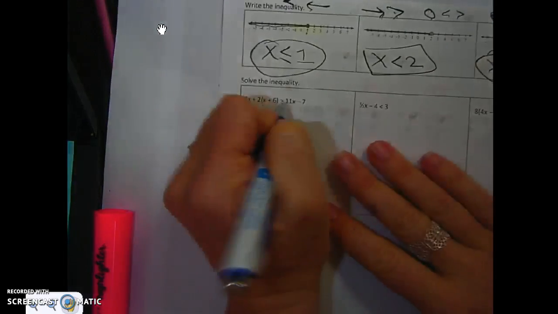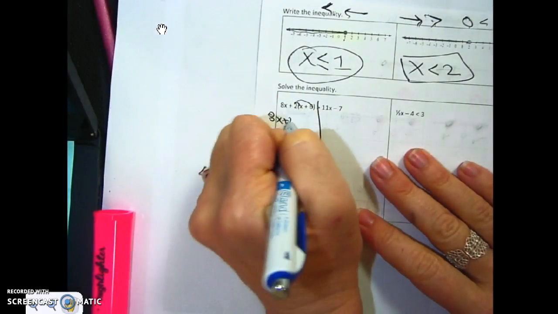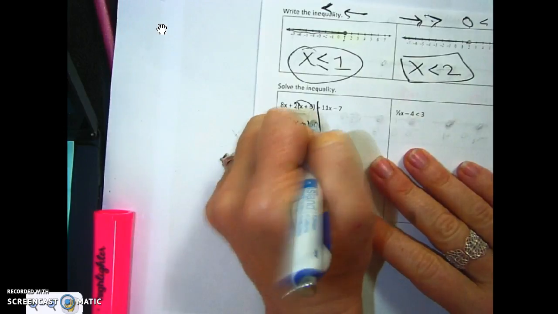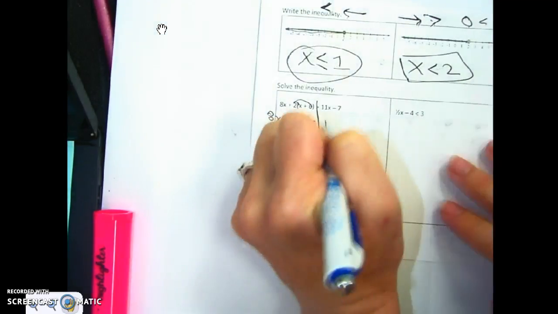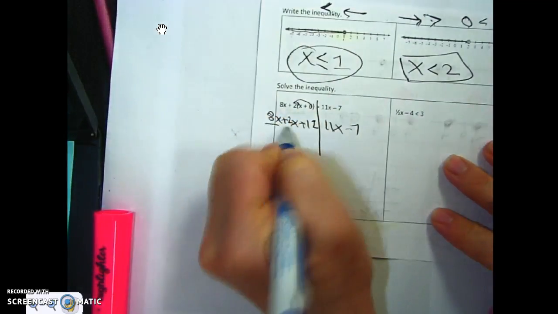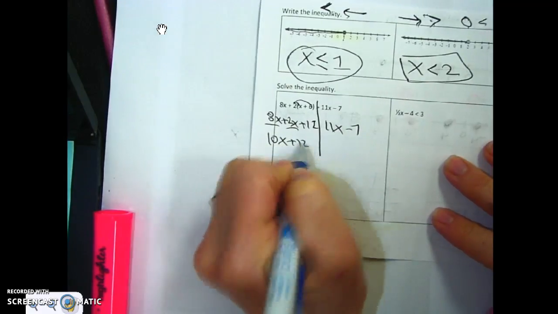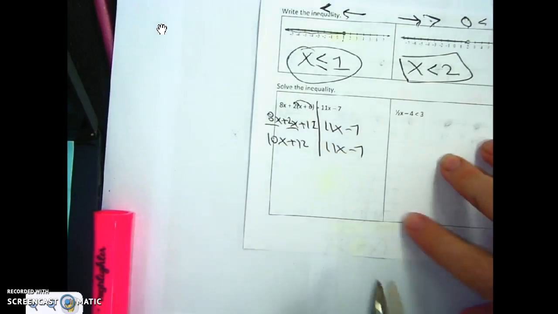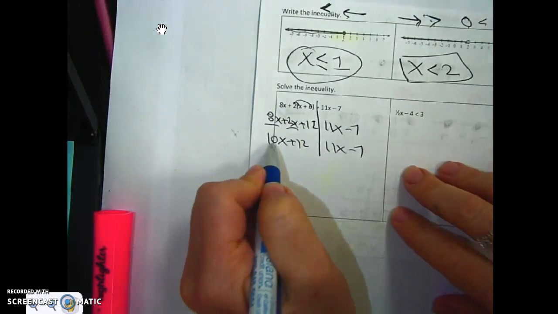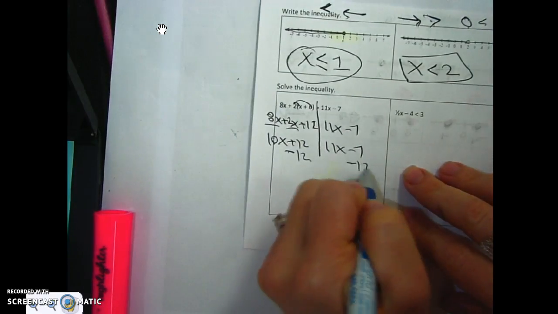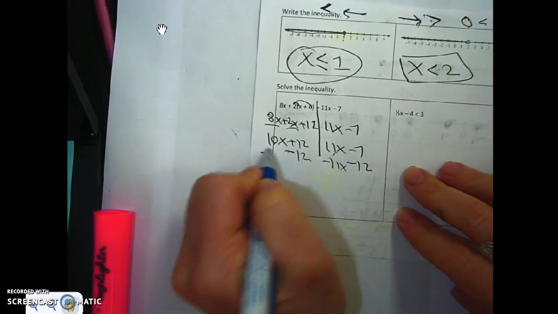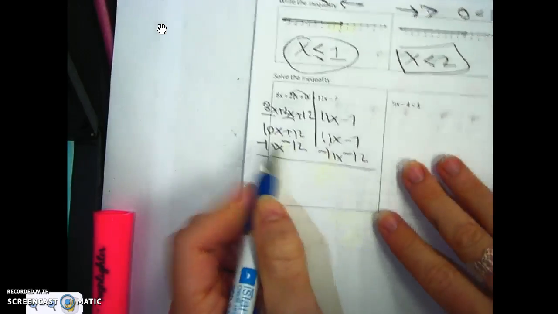Now let's go to more complex ones. Draw the line. Multiply, multiply. 8x plus 2x plus 6, 12. 11x minus 7. These are same. Put them together. And now it's a stay, a move, a move. 10 minus 11, negative 1x.